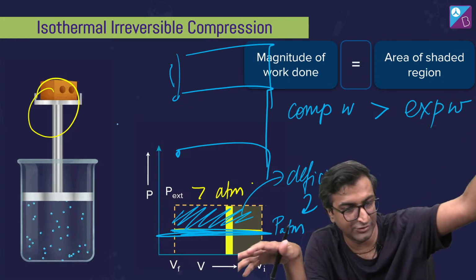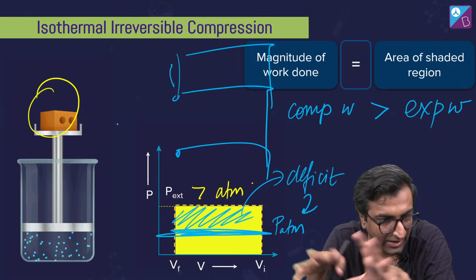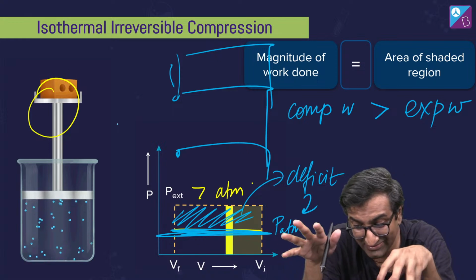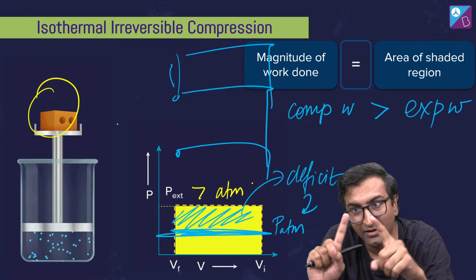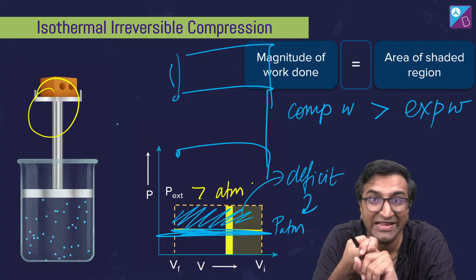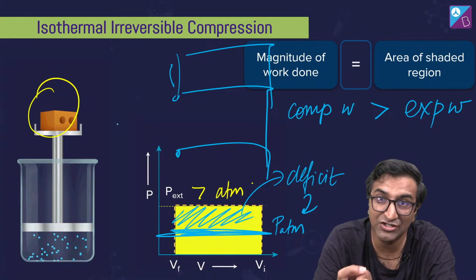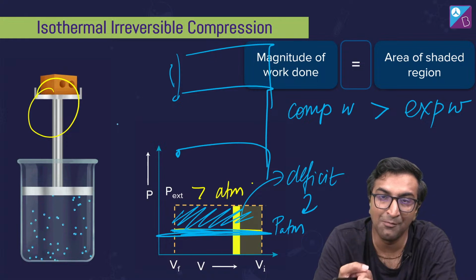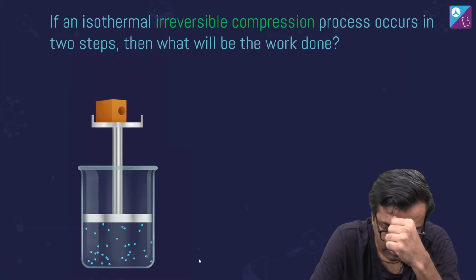Hence, work is a path function. Do you see that? Pooja, Ram, Archita, this is extremely important. ठीक है? Irreversible work में compression and expansion के बीच में there is a difference in the work done. In expansion, work कम होता है. In compression, work ज़्यादा होता है. Okay, awesome.